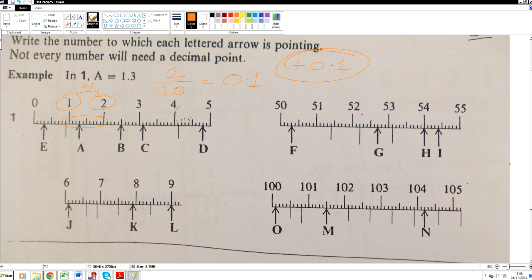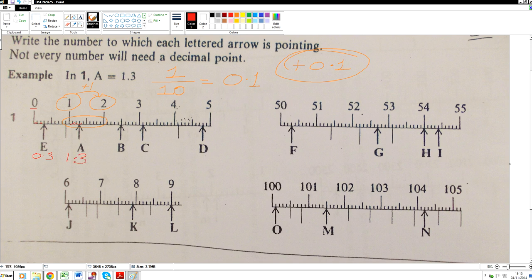So, for example, let's have a look at E. Start reading from there: 0.1, 0.2, 0.3. Over here we have 1, 1.1, 1.2, 1.3. Now, what is B?